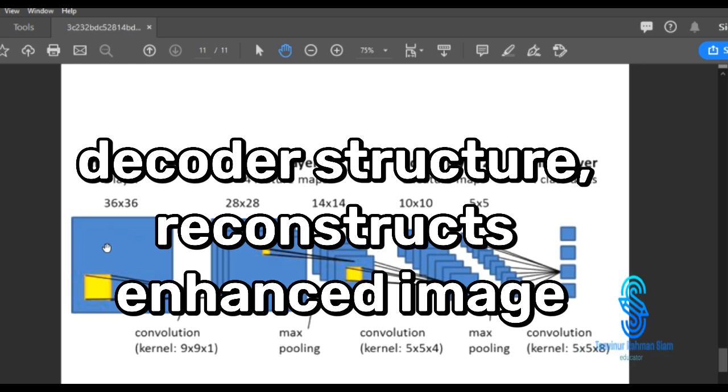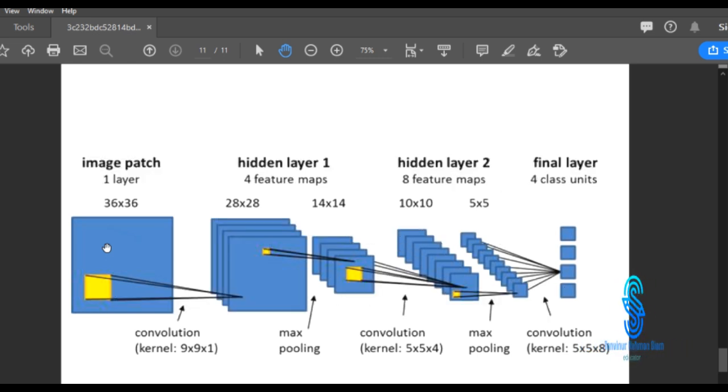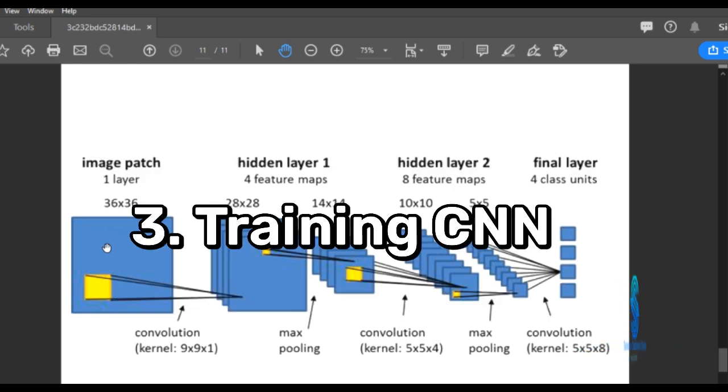After that, in the third phase or step, you will be training your CNN. The model learns to map low light images to their enhanced versions.